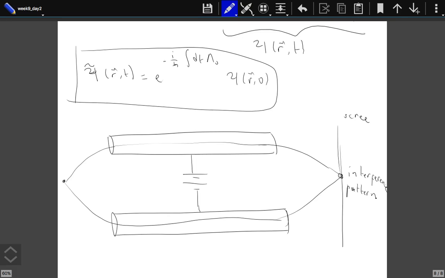And that shift in the interference pattern is a measurable consequence of this potential difference. Although classically there shouldn't be any difference, quantum mechanically there should be some difference.